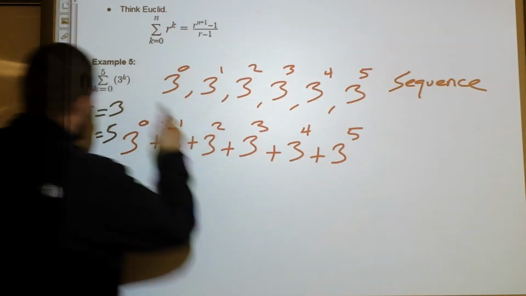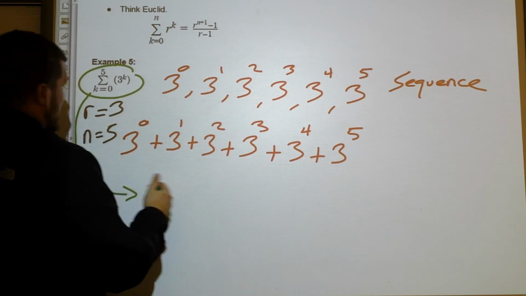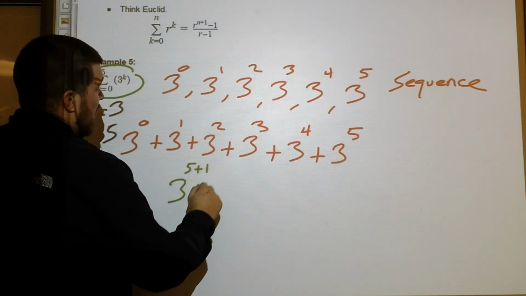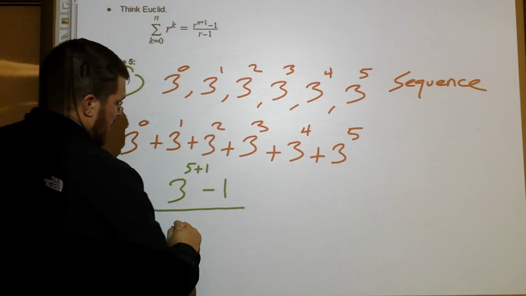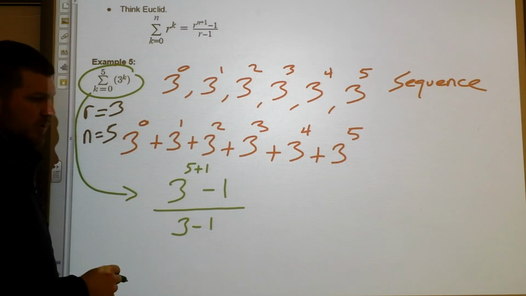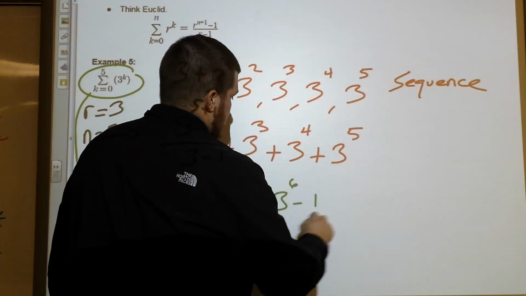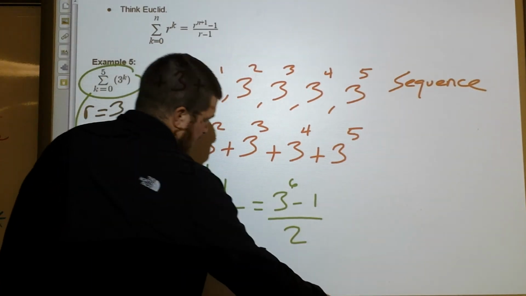So my series can be rewritten as 3 to the 5 plus 1 power minus 1 all over 3 minus 1. I want to clean this up as much as I can, so I have 3 to the 6 minus 1 all over 2. Well, let's use our calculator here.